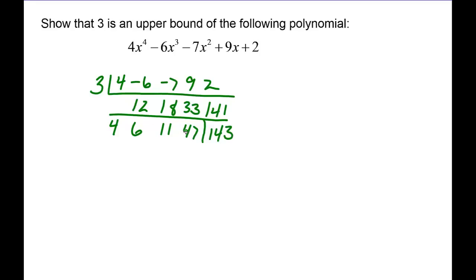Notice no sign changes among the coefficients. Every coefficient has the exact same sign. Therefore, 3 is an upper bound. What that really means is that this polynomial has no zeros above the x value of 3.